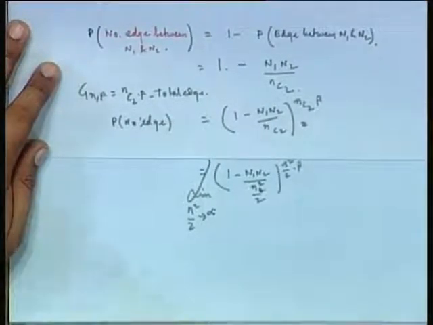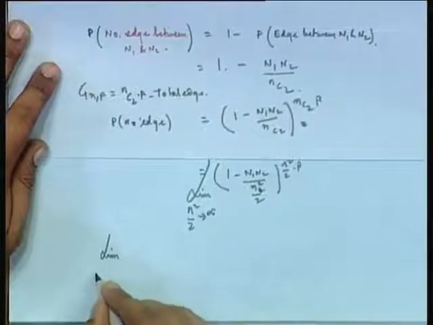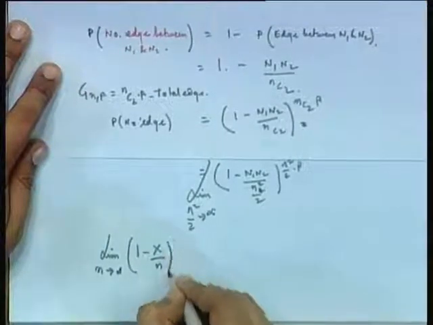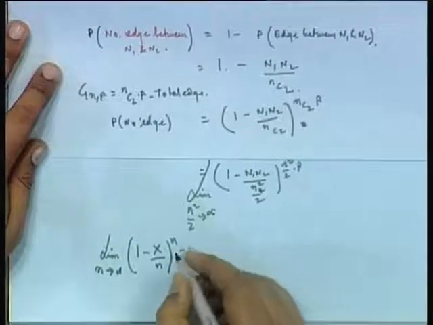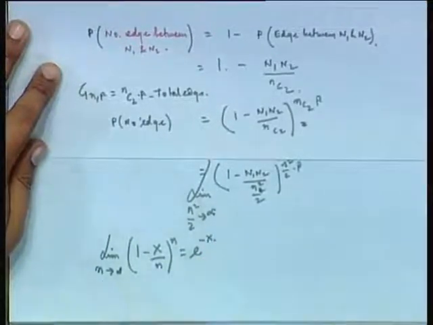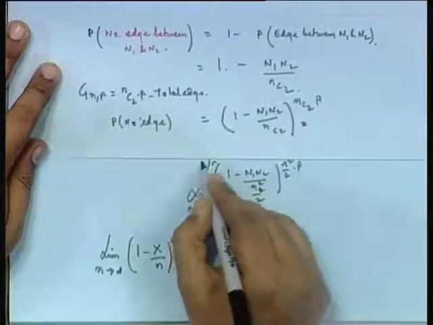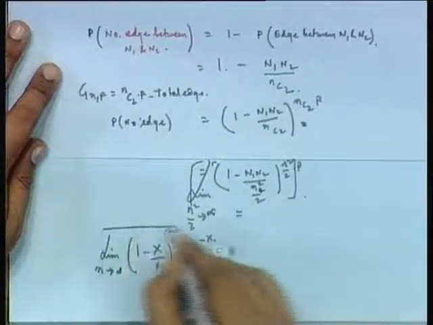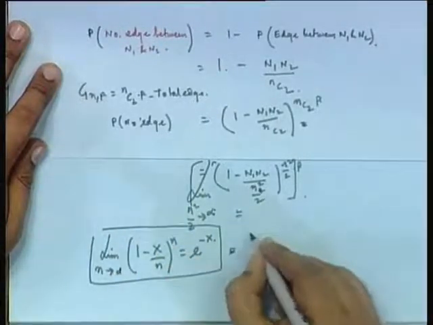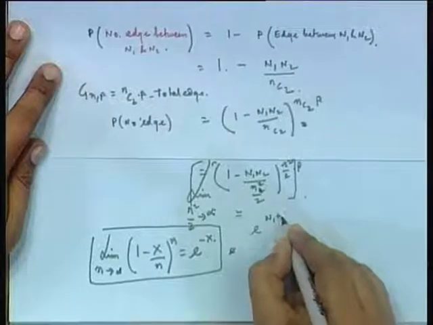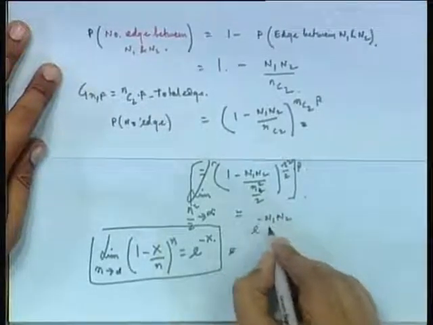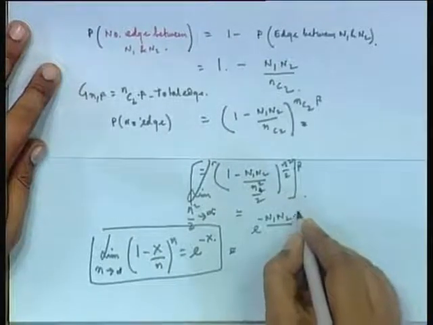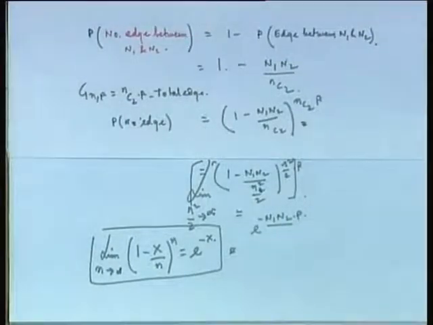You know, the limit as n tends to infinity of (1 minus x/n) to the power n is e to the power minus x. So, I am taking the limit of this, and this becomes e to the power minus n1 n2 into p, simple.